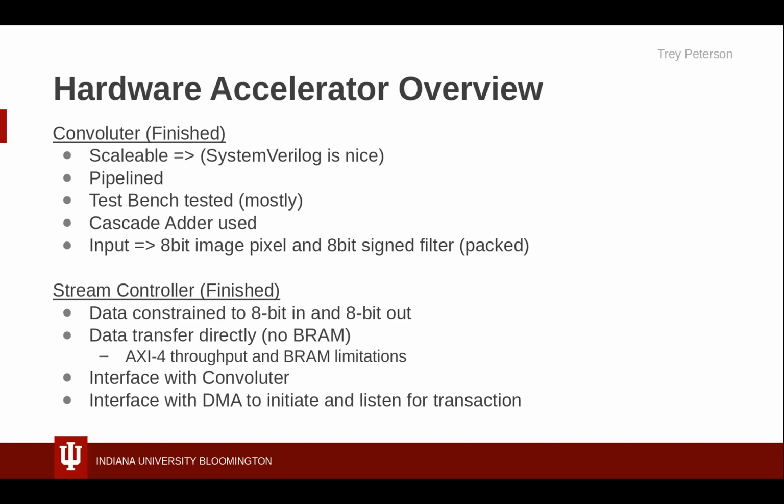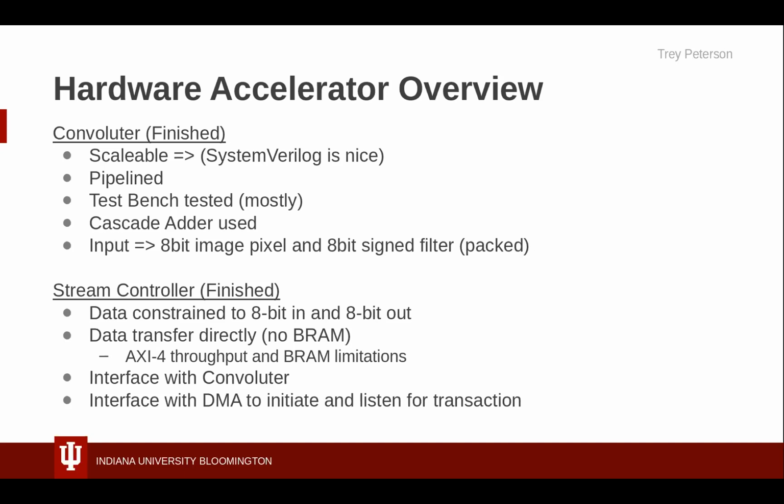And another thing is the DMA could do really quick stream speeds and high throughput. Before, we wanted to use BRAM as a medium to pick stuff out.